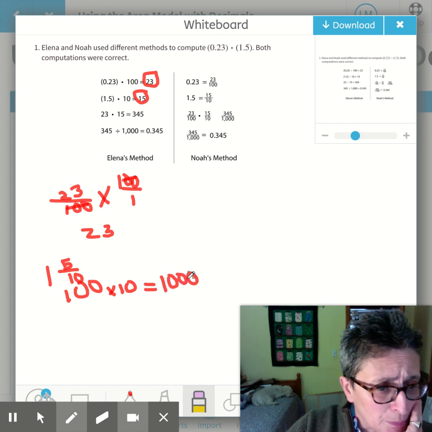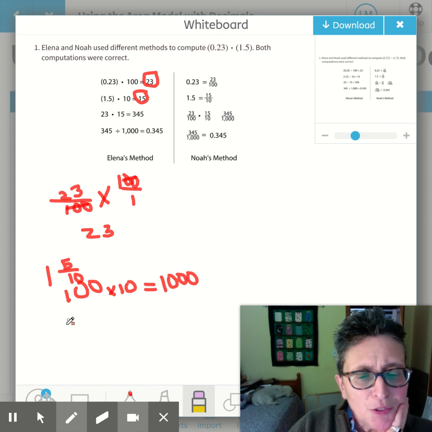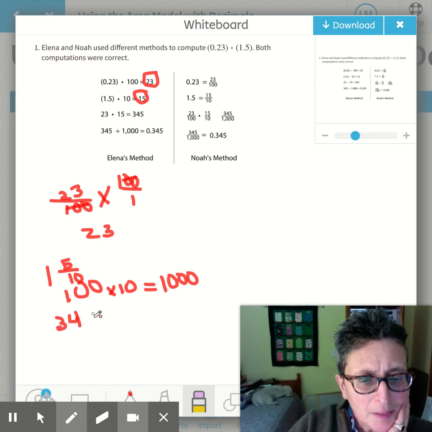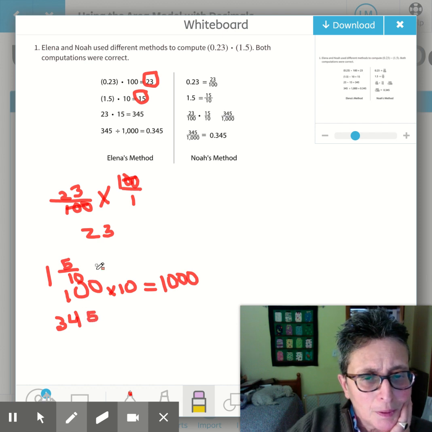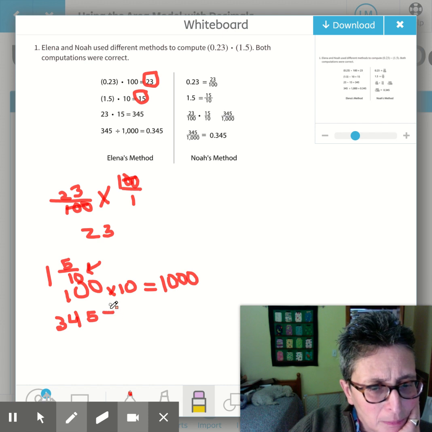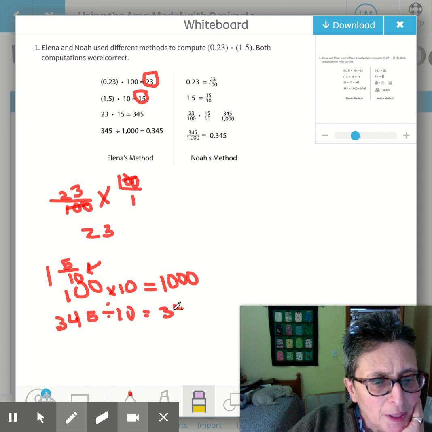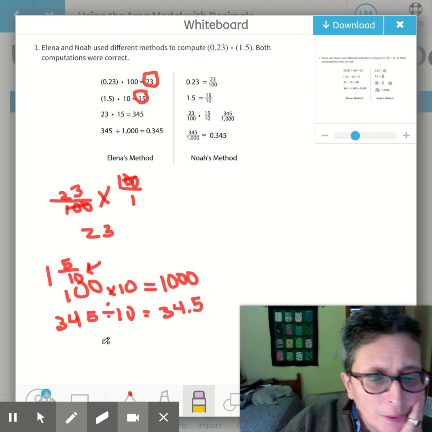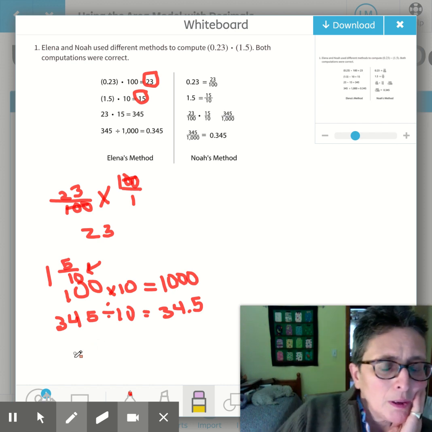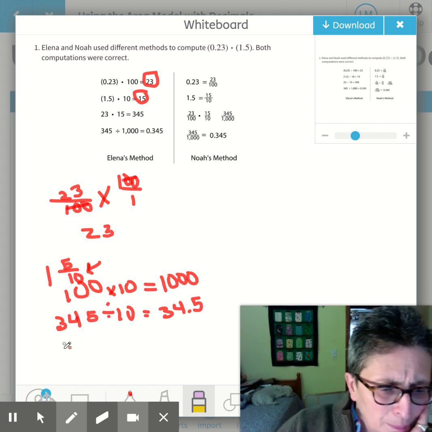So in other words, she got her answer of 345. And we could divide that by 10, which was the 10 that she had multiplied by, and she's going to get 34.5. Then we still have that 100.